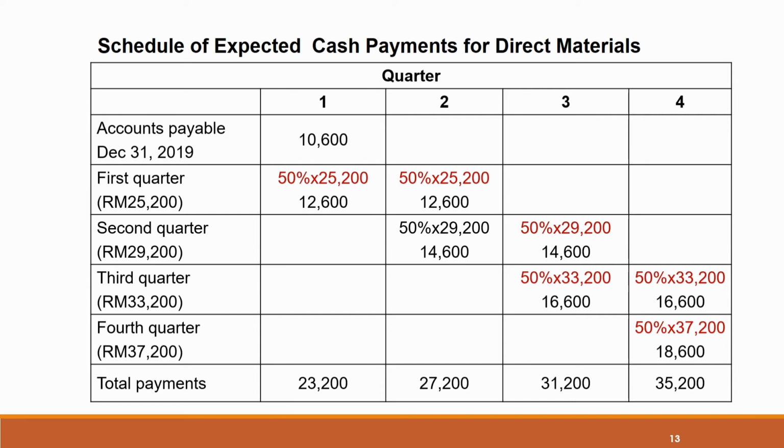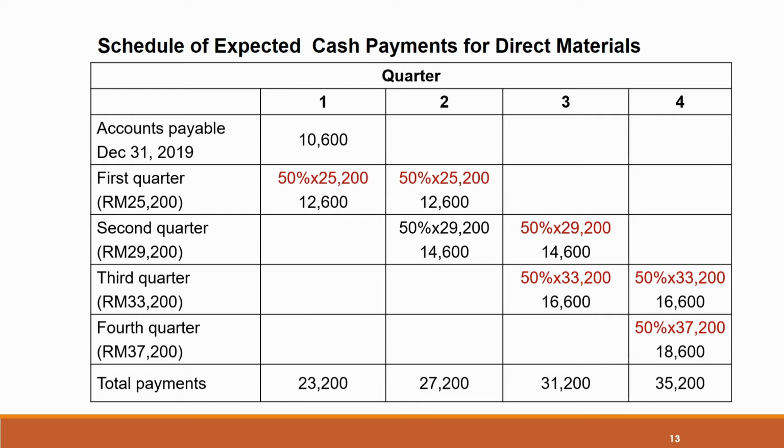So you have to calculate 50% of the first quarter purchase of direct materials, 25,200, and you get 12,600. And we will make the cash payment for the following quarter, the second quarter, 50% times 25,200, and you will get 12,600.